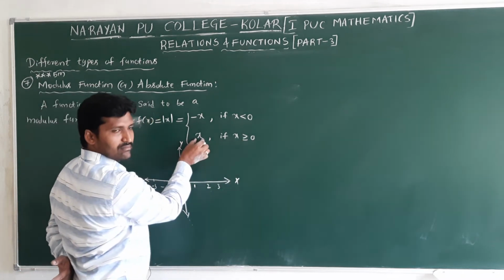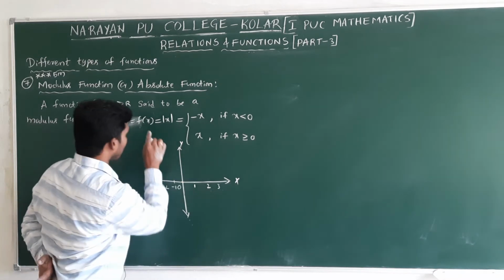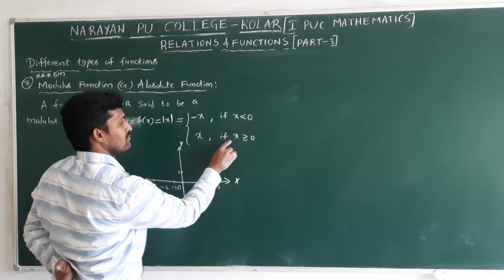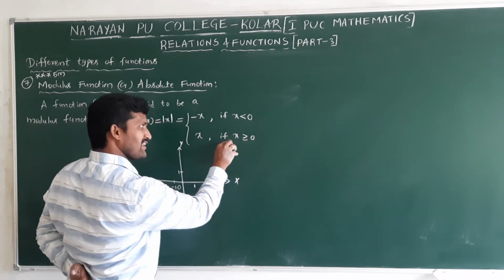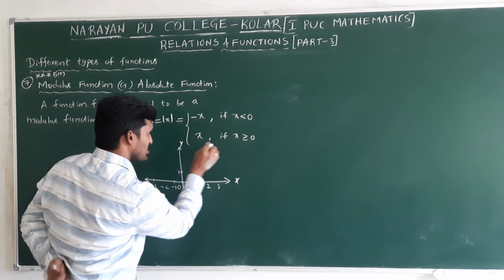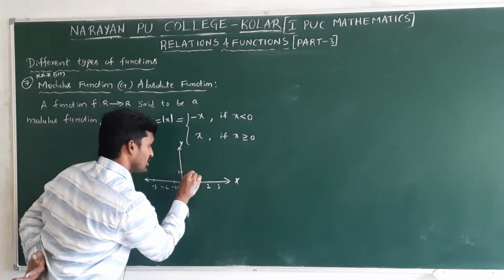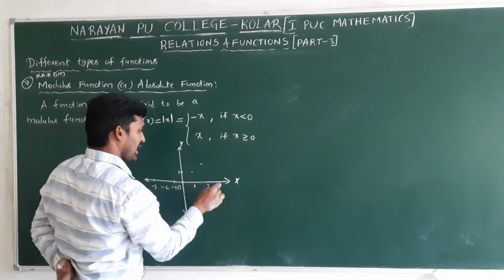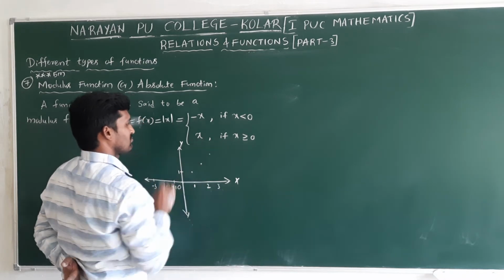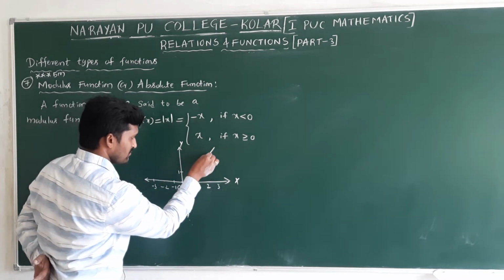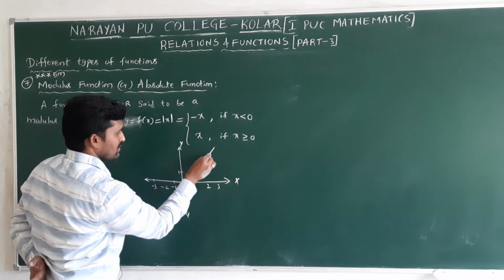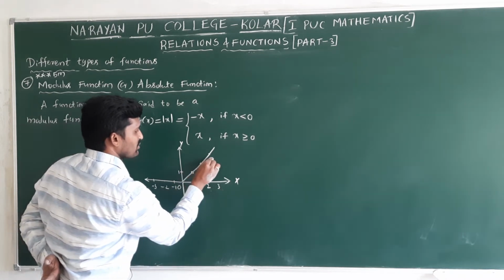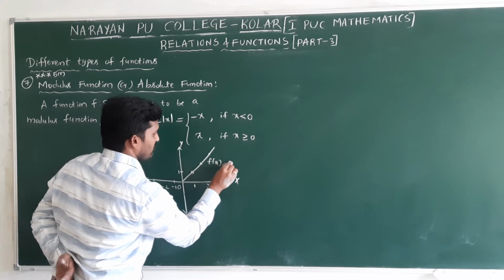Here. 0 means 0 only, y also. X 1 if you take, 1 also, which condition? X is greater than 0 only, positive. So x 1 means what is the function? x. That is also 1. X 2 take, you will get 2. X 3, you will get 3. Like this. This is also a straight line. This is which one? f of x equal to x.